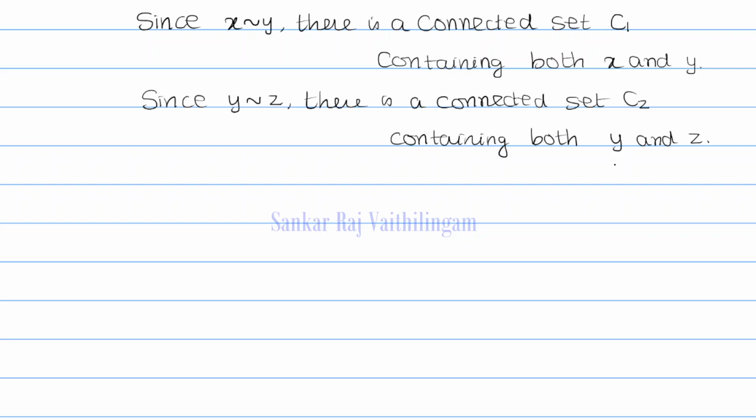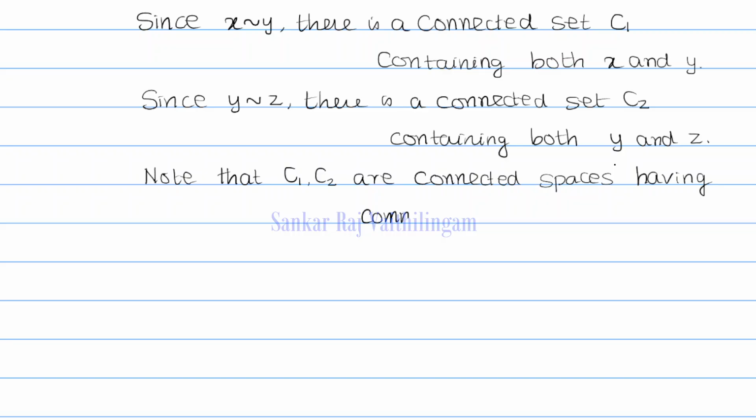Now note that C1, C2 are connected spaces having a common point, that is y. Correct? Look, in this C1 who is there? y is there. In C2 who is there? y is there. So C1 and C2 are connected sets having common point y.